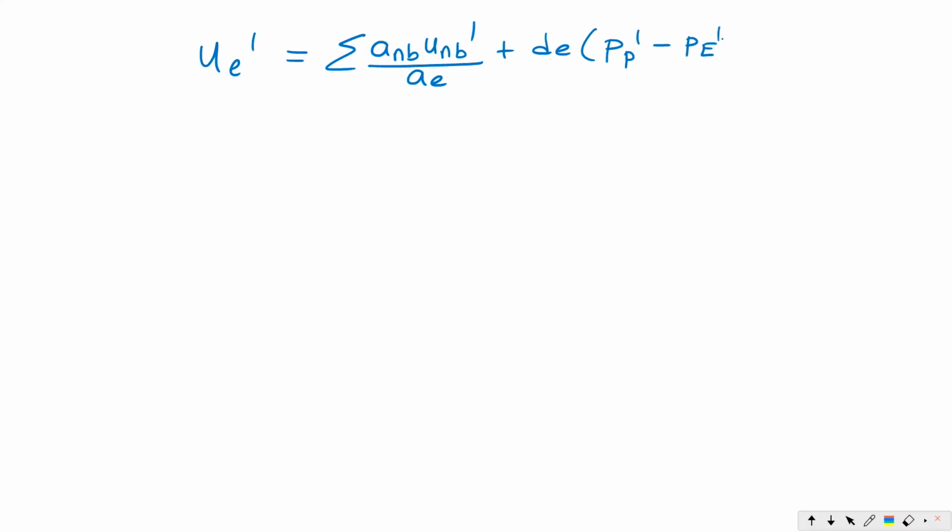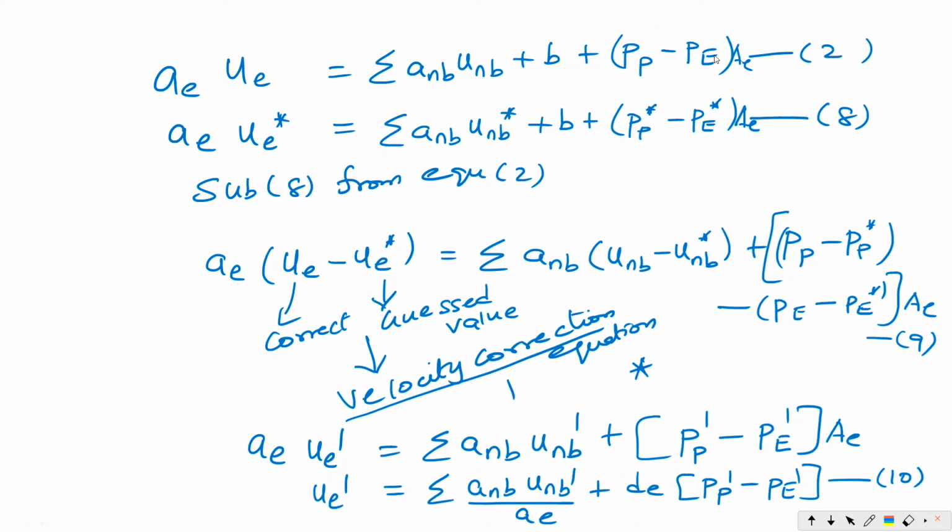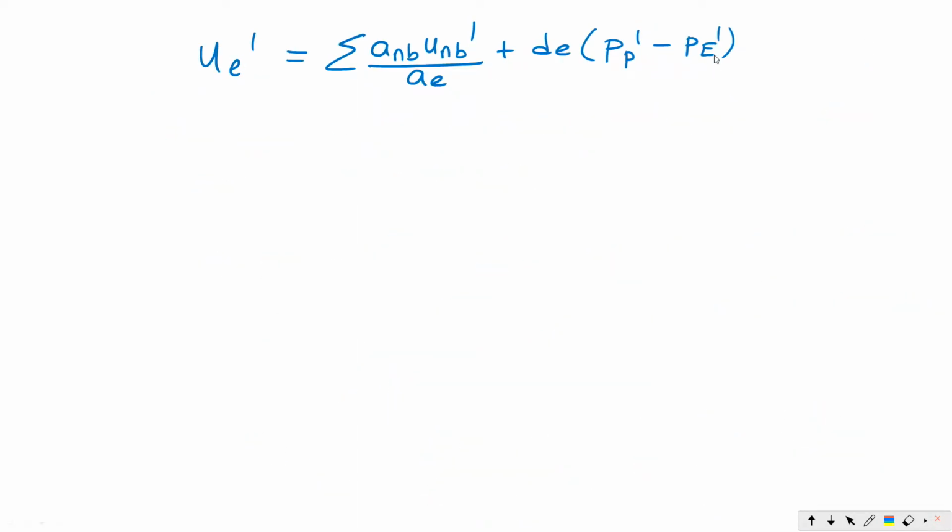So UE prime is equal to sigma ANB UNB prime by AE plus DE of PP prime minus PE prime. Let us take it as equation number 10. What will be Vn prime?